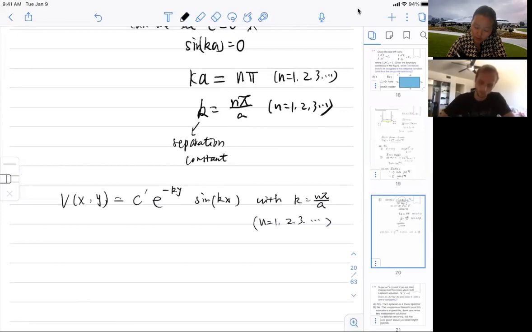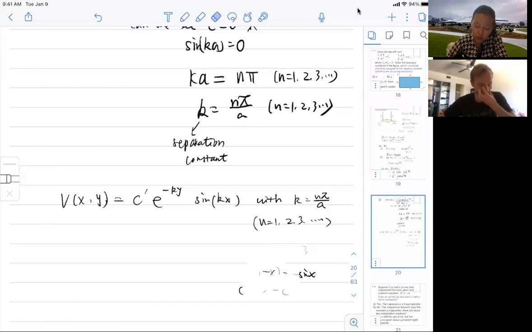Now, n could be negative, right? If n is negative, it's really just changing because sine of negative x is negative sine of x. So you just have a negative sign in front of everything. So c prime becomes negative c prime. So it is still just a constant, right?